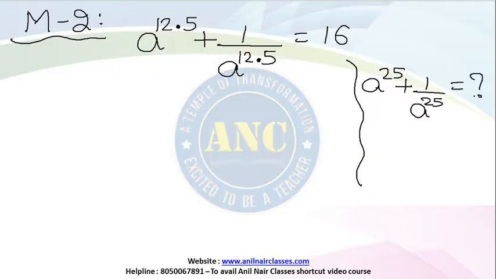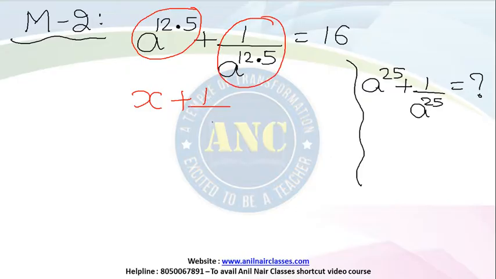Now it's very simple, sir. They will just give all these numbers for you to confuse. A power 12.5, I will take it as x. 1 by a power 12.5 will become 1 by x. So x plus 1 by x is 16. A power 25 will be a power 12.5 whole square, that means x square. 1 by a power 25 is 1 by x square.